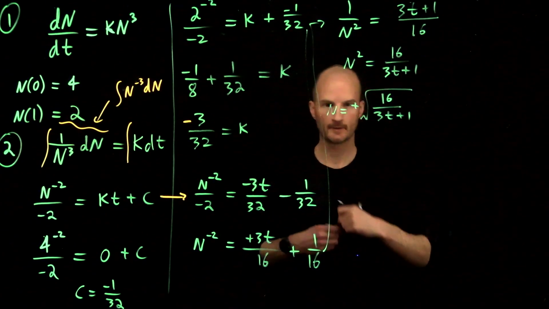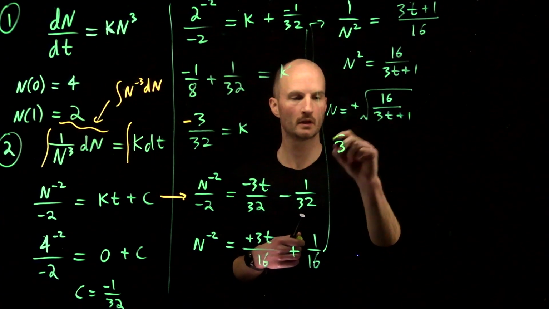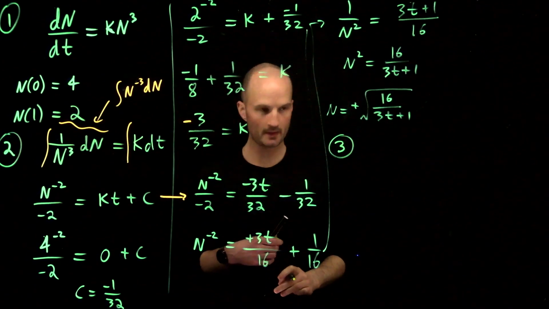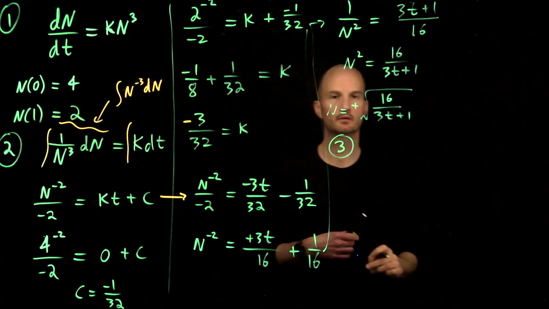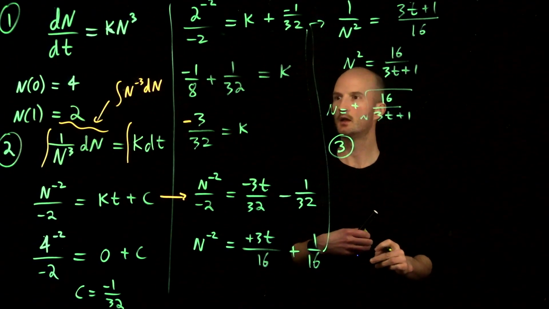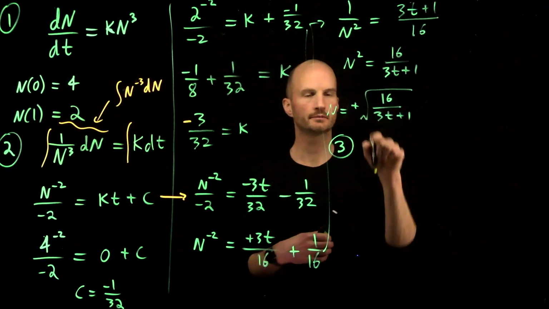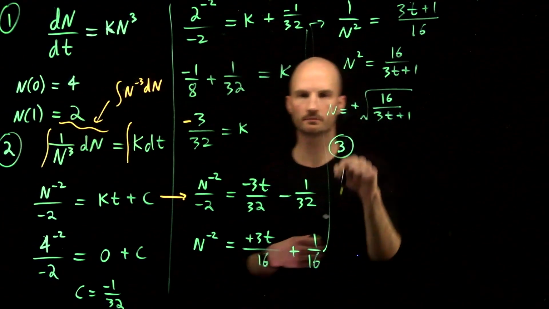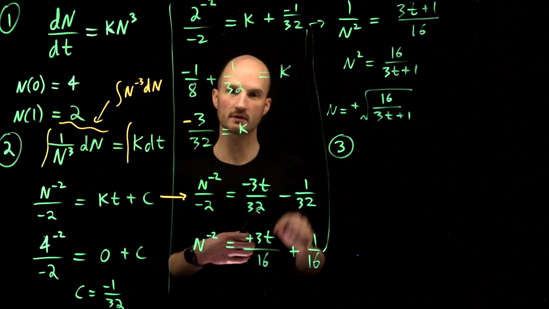Okay, last part is to find when there will be 1 million computers infected. So where to go, where to go? I'll just go back here. Why not? So plug in n equals 1 here, and then solve for t.